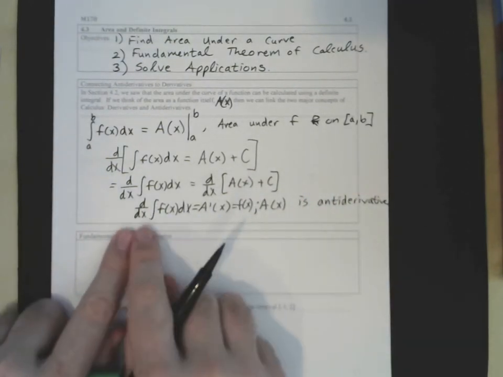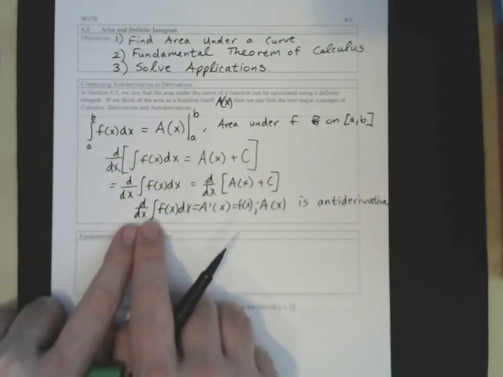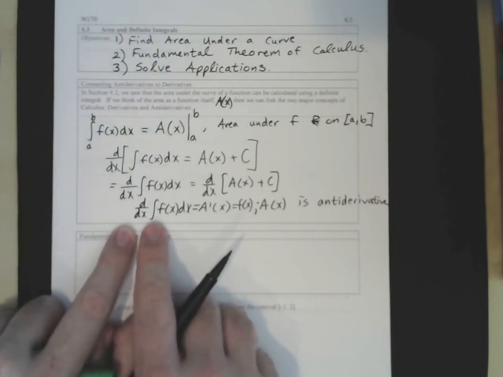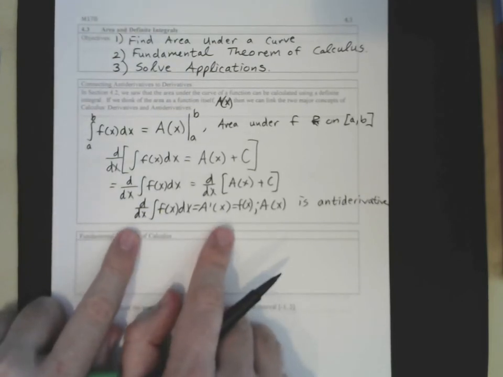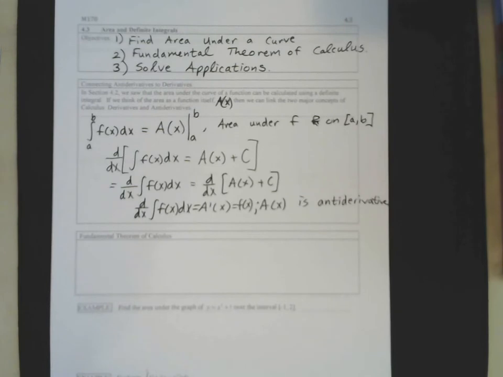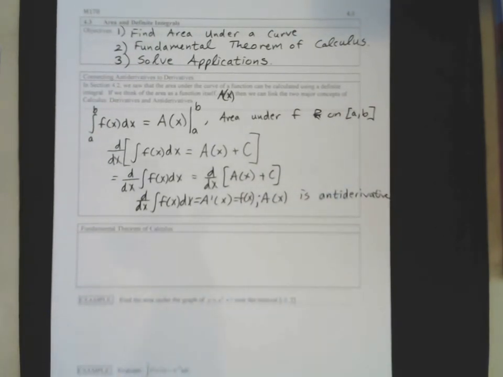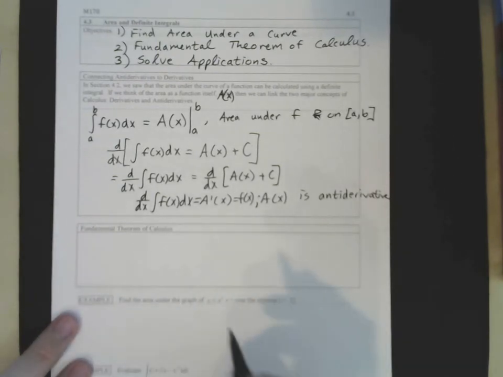And so that gives us a really important result, that derivatives and integrals undo themselves. They are operational inverses, the same way that addition and subtraction can undo each other, multiplication and division can undo each other. And this representation is what the fundamental theorem of calculus is all about.